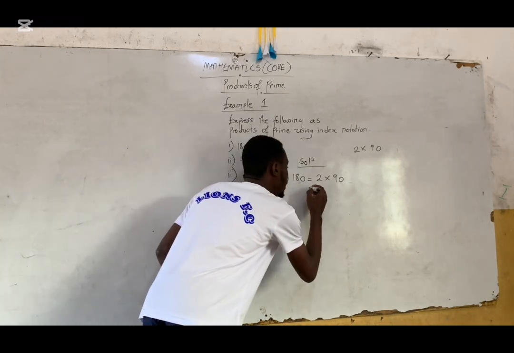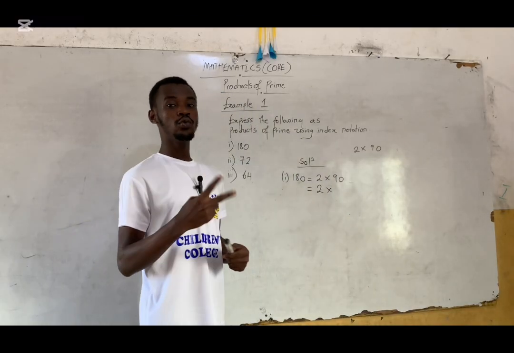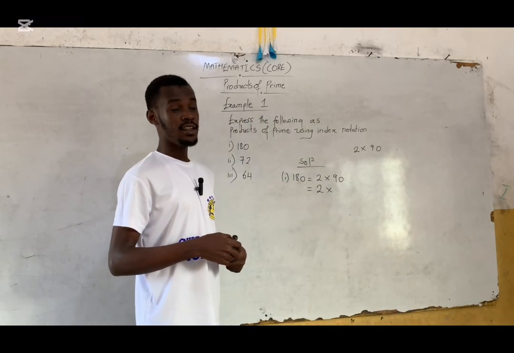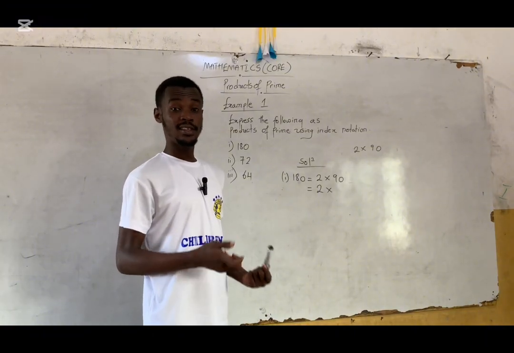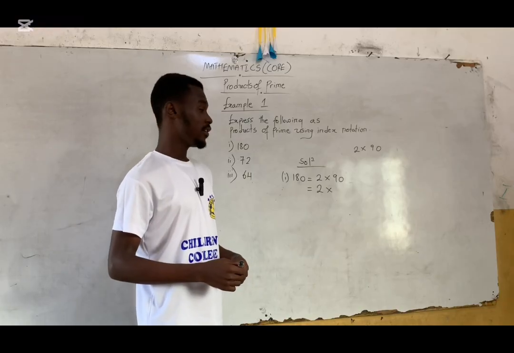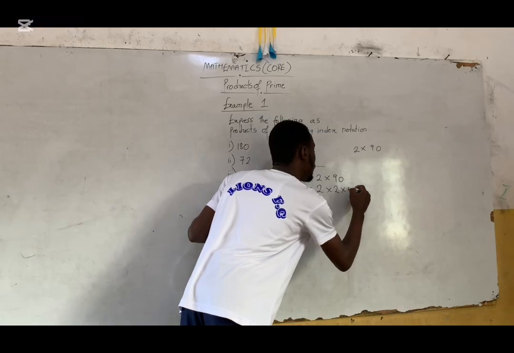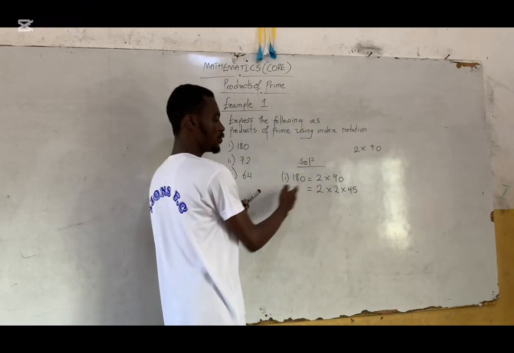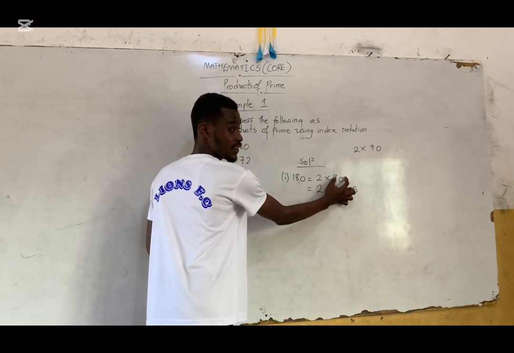So you maintain that one, times, we can break 90. 2 times 45 will give us 90. You can also look for any other factor. It can be 3 times 30, anyone you prefer. But I am going in for 2 times 45. So this 2 here is for this 2, and this 2 times 45 here is for this 90.